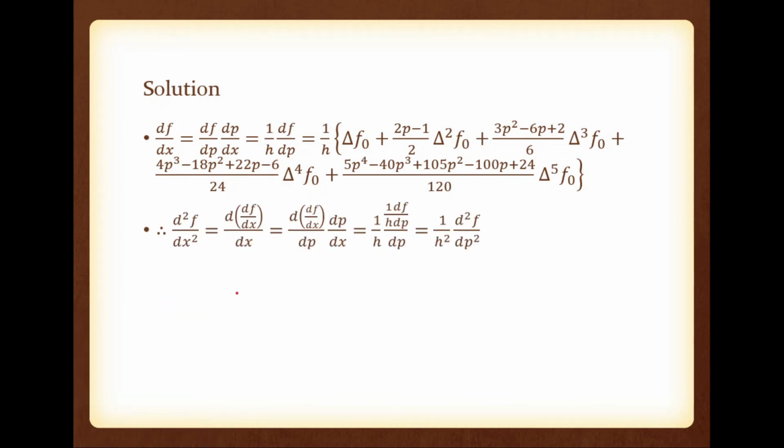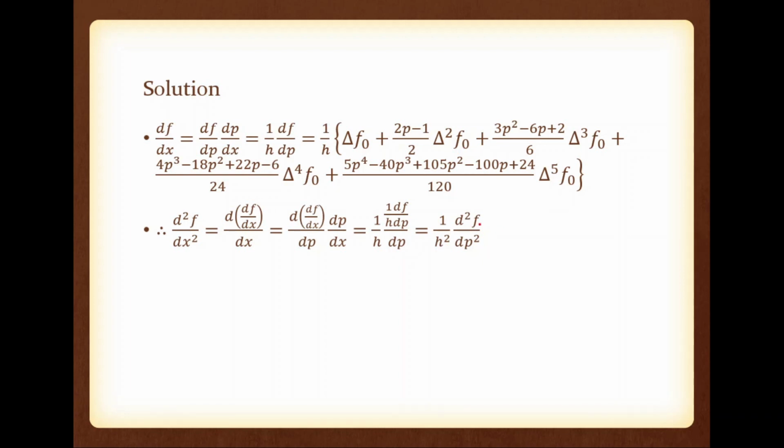It is equal to d of df by dx divided by dx, that is equal to d of df by dx by dp into dp by dx. This dp by dx is 1 by h and this df by dx is 1 by h into df by dp. So we can write it as 1 by h square into d square f by dp square.